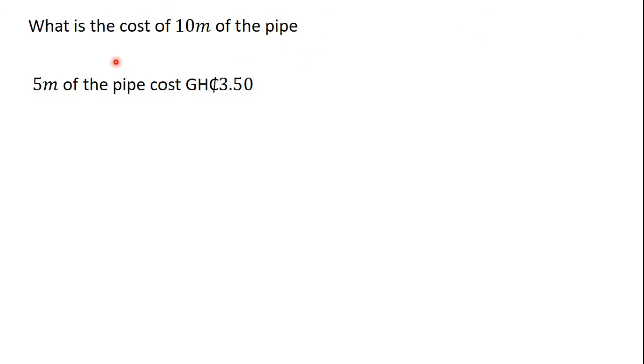We are going to find the cost of 10 meters of the pipe. From the question, we know that 5 meters of the pipe cost 3 Ghana cedis 50 pesos. So that is the rate. Now, the length has changed from 5 meters to 10 meters.